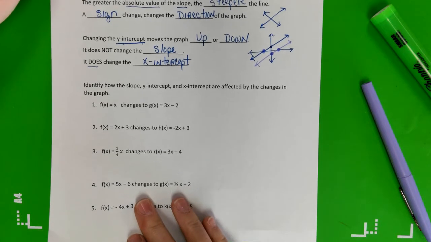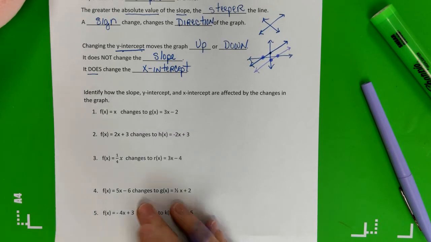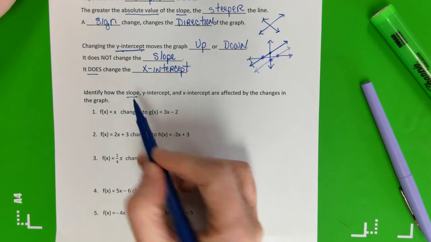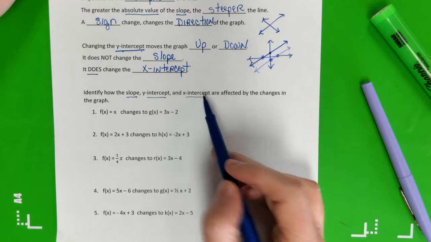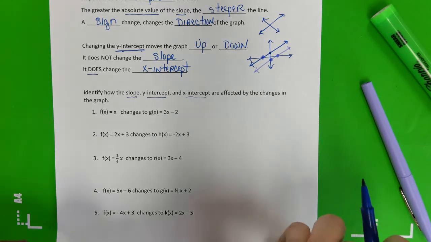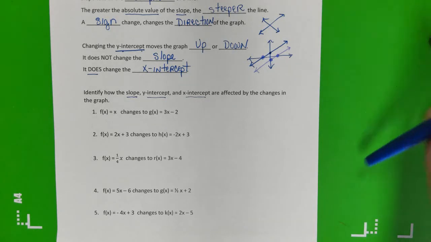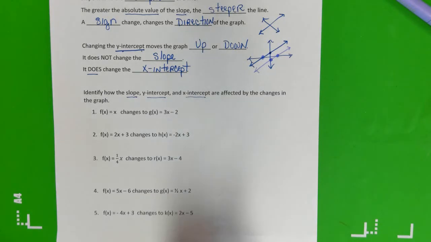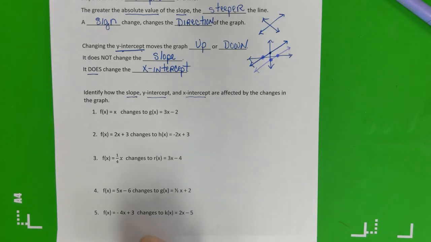Okay, so what I want us to do is look at some equations, and identify how did the slope change, how did the y-intercept change, how is the x-intercept affected, or did it change? We're not going to be super specific on some of these things, but we can at least recognize if it changed. And we should be able to tell just by looking at the equations.